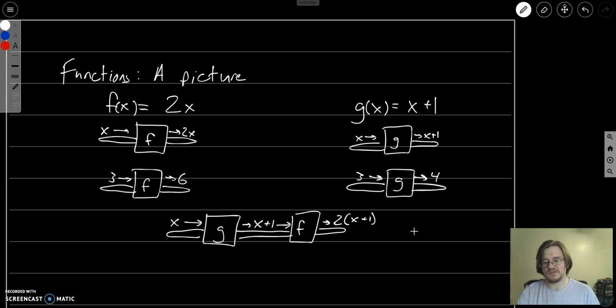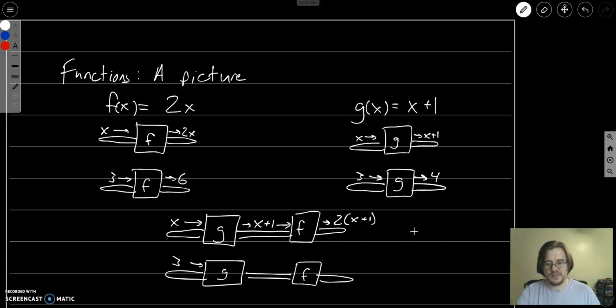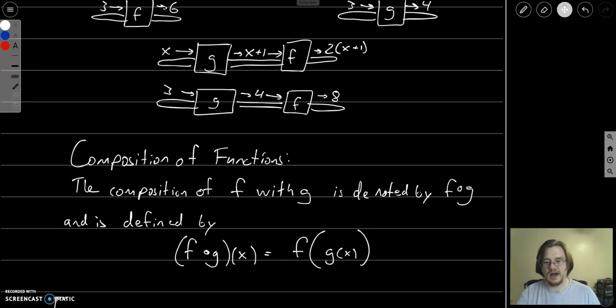So here, we've strung our two functions together so that whatever we put in, it'll come out and go right into the next function. So for instance, if we plugged in a 3 into g and had this run over here into f, g will add 1 to 3, so we get 4, and then we plug 4 into f, and then ultimately we will get 8. So this is called composing functions.